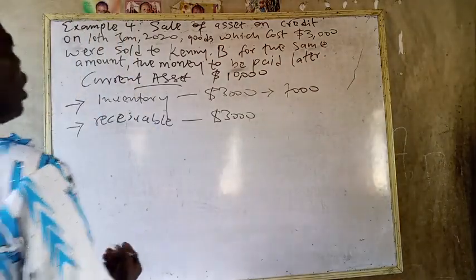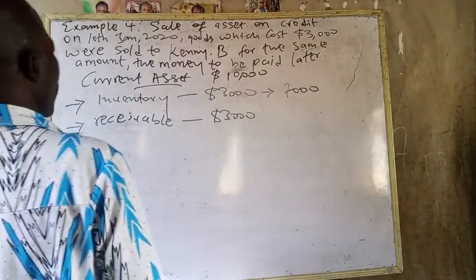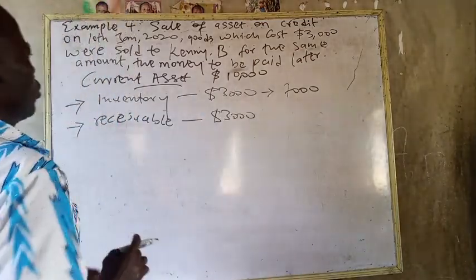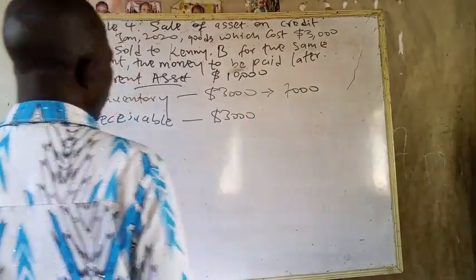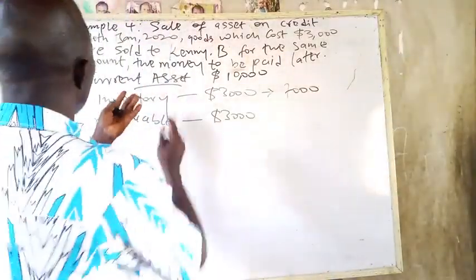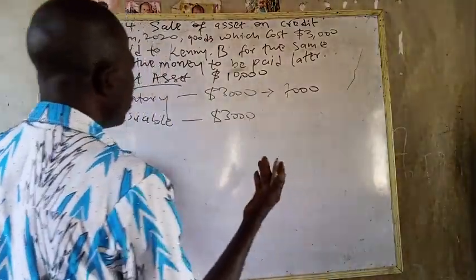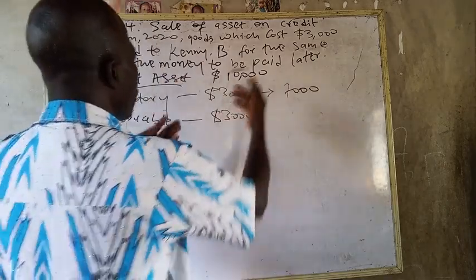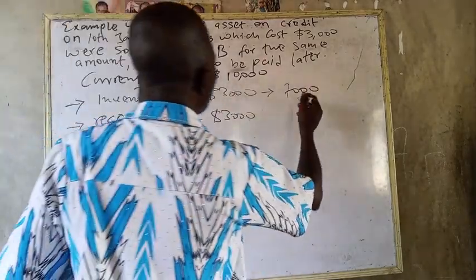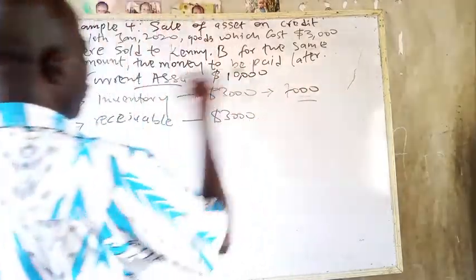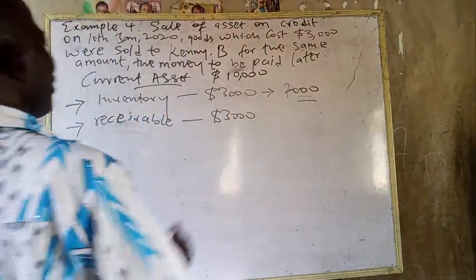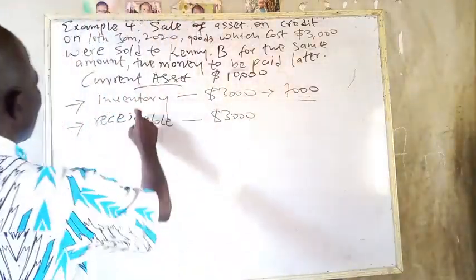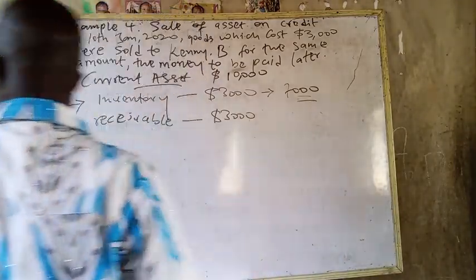Because we had 10,000 there before, and we sold goods worth 3,000 to Kelly B. When we deduct from the goods that we have, won't the value reduce? If we have goods of 10,000 and we sold 3,000, the value is going to reduce to 7,000. That's what we are going to have in the inventory, and we're going to have an additional asset, which is receivable, which is debtor.